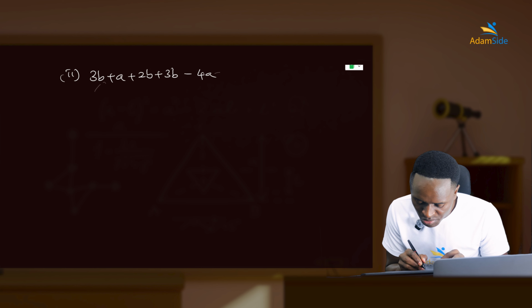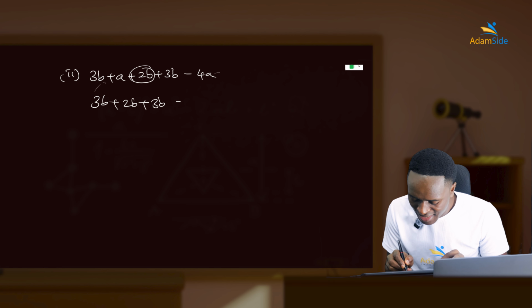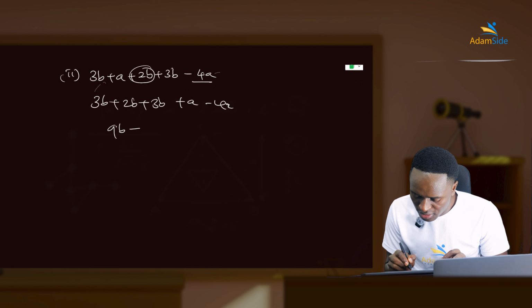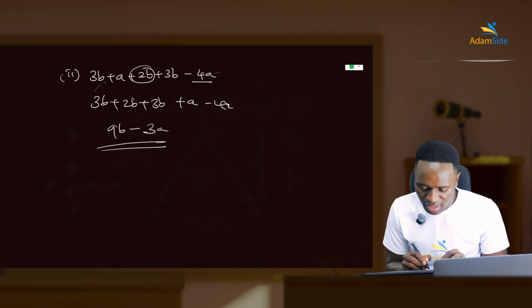Start with 3b, plus 2b, plus 3b, taking the signs before each term, then plus a minus 4a. Adding 3 plus 2 is 5, 5 plus 3 is 8b, and plus a minus 4a is minus 3a. This becomes your answer.